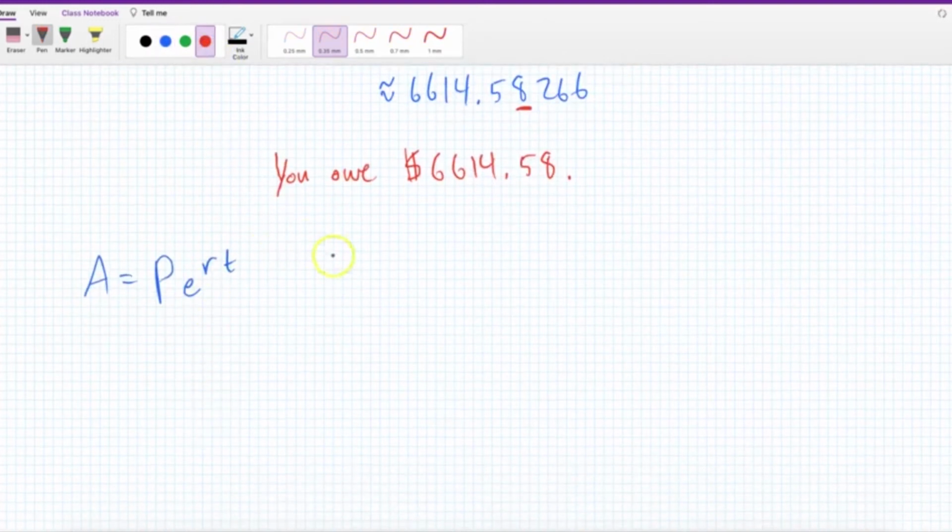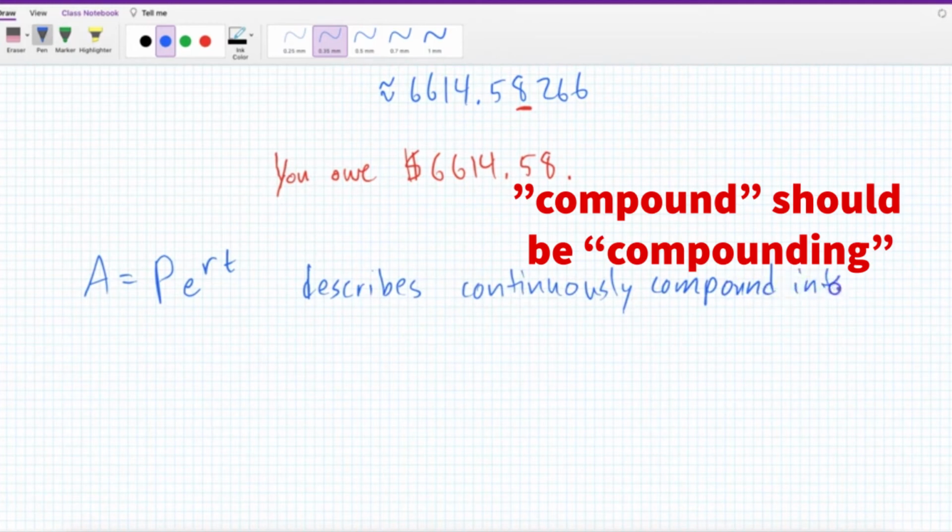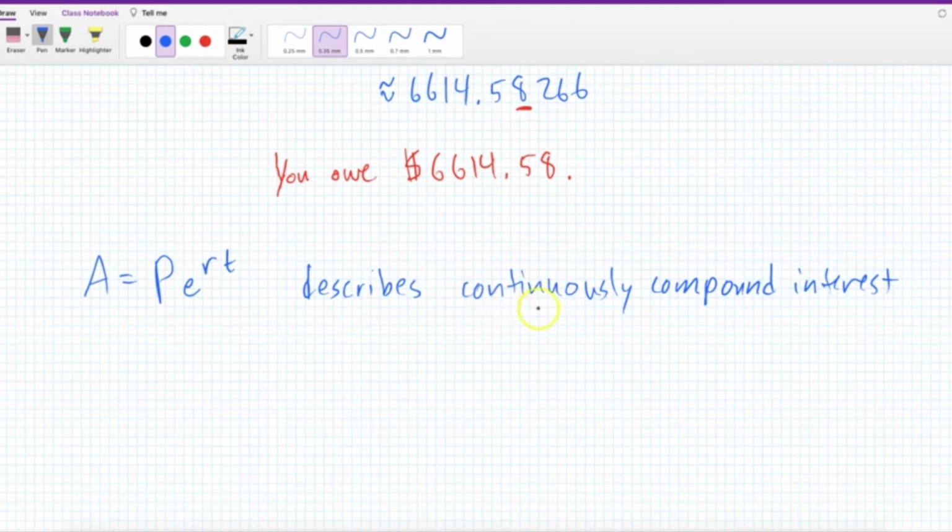In this case, this is for continuously compounded interest. Okay, and so what that means is continuously compounding means that it's always compounding, meaning the number of compoundings per year is infinity, essentially.